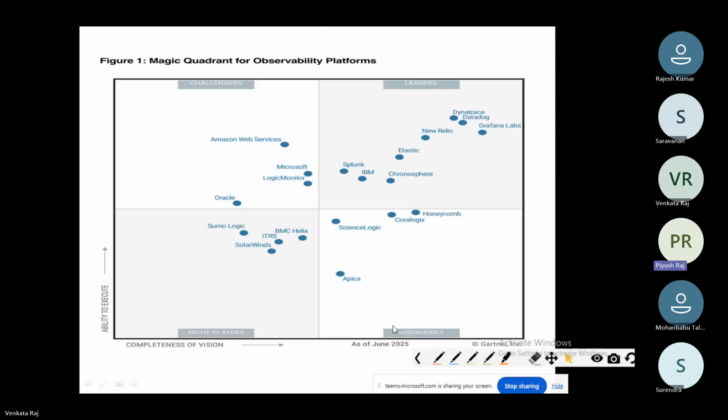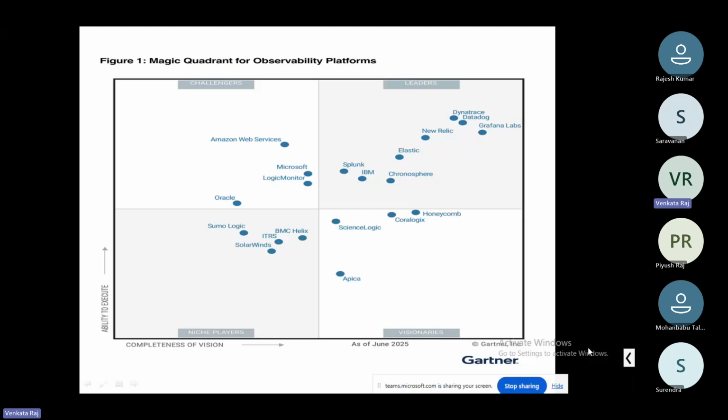Sorry, what about AppDynamics? There is one monitoring tool also, yeah, AppDynamics. Or should they have missed that? I believe so. Okay, but I have taken this from their website only, the Gartner website. So this is basically June 2025 data. Okay.